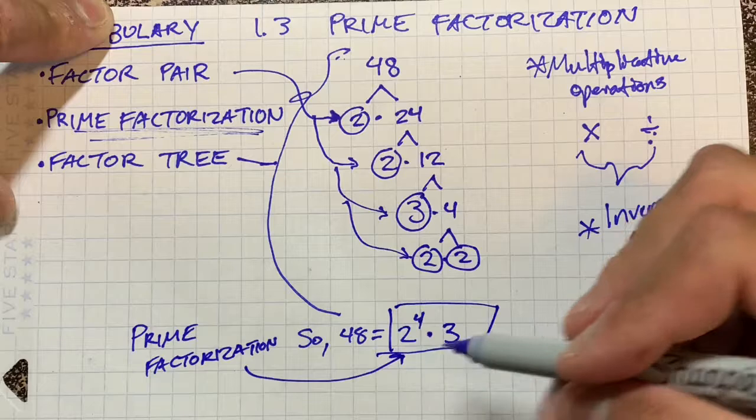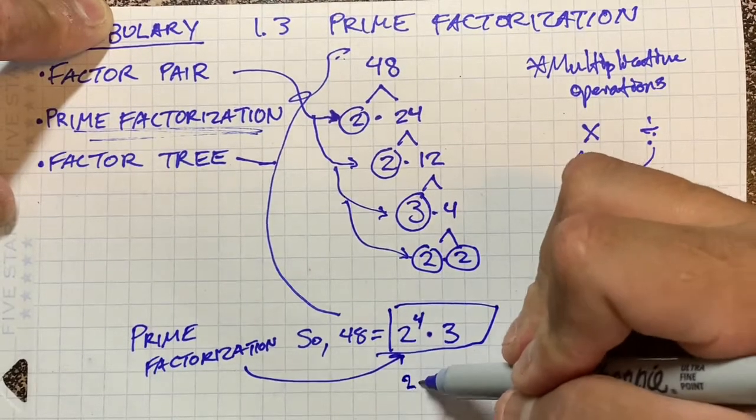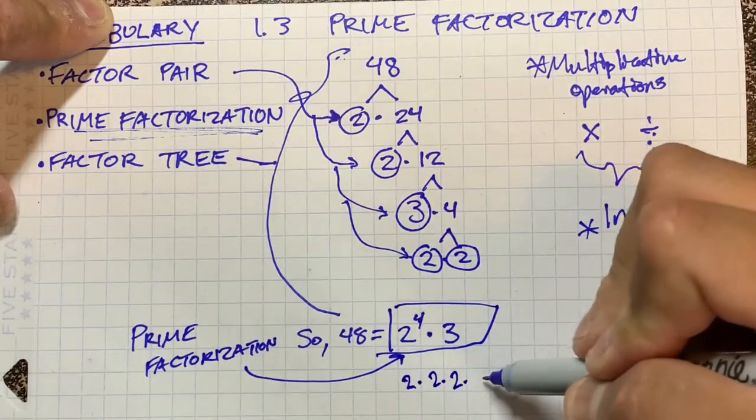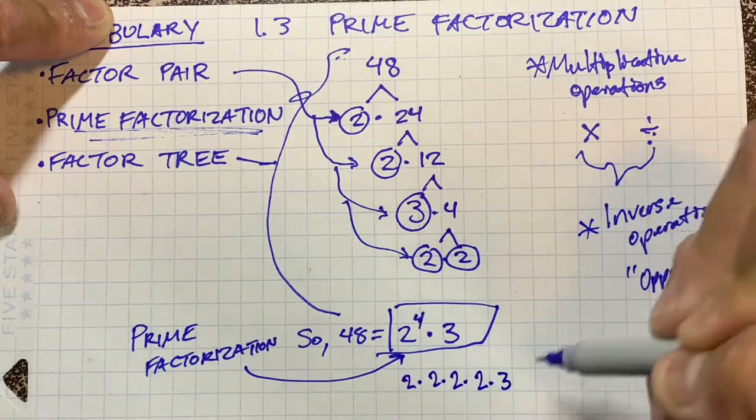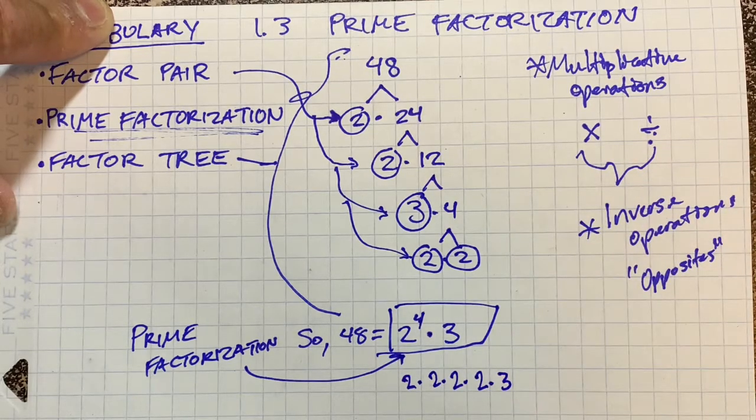Okay. All right, so 2 to the 4th power basically means 2 times 2 times 2 times 2, and then of course the last times 3. All right, so these two would be the same, but preferably we want you to write it like this.